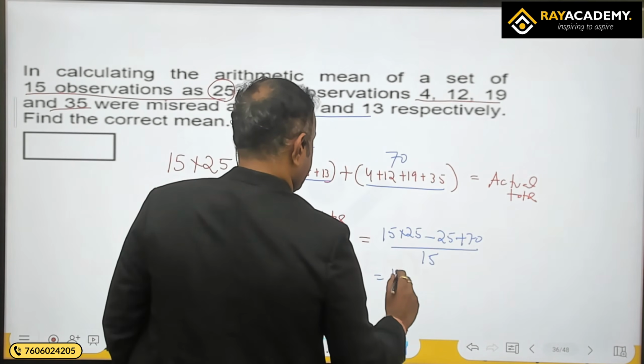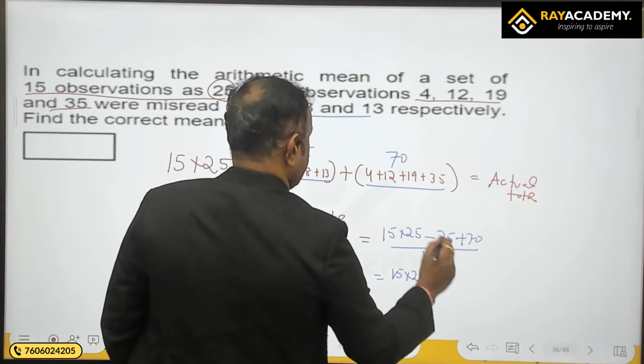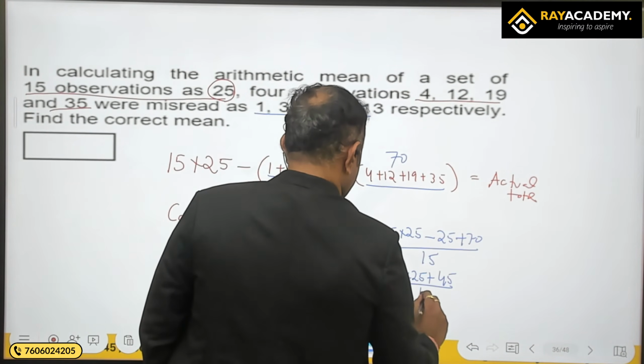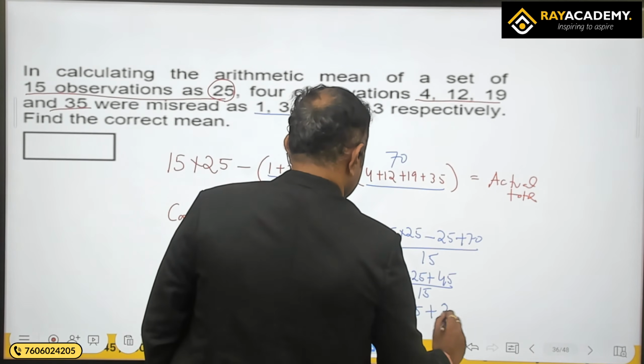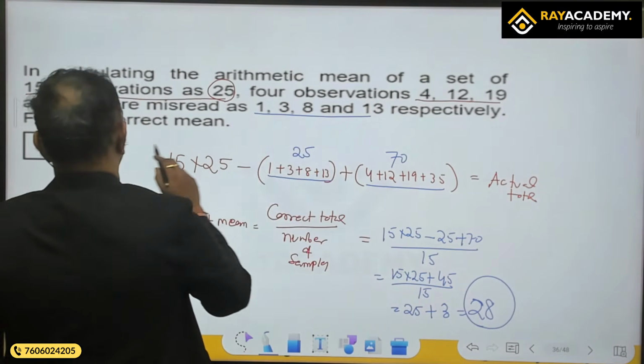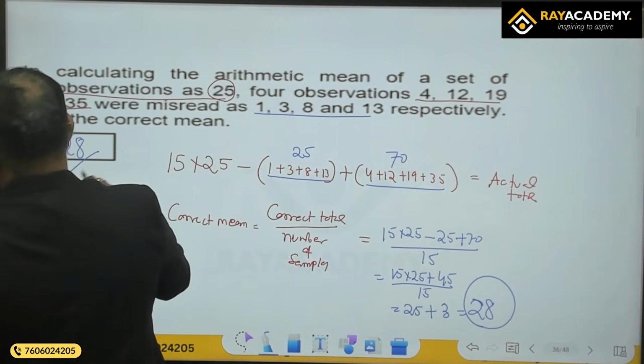So this is 15 into 25 plus 70 minus 25, which gives 45 by 15. So this will be 25 plus 45 by 15, which is 3. Answer is 28. This is the new or correct mean.